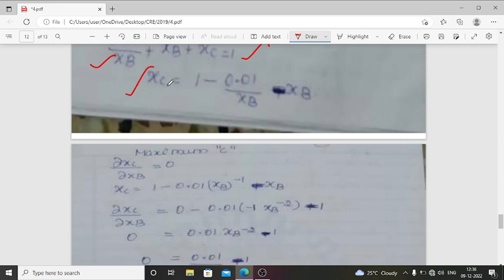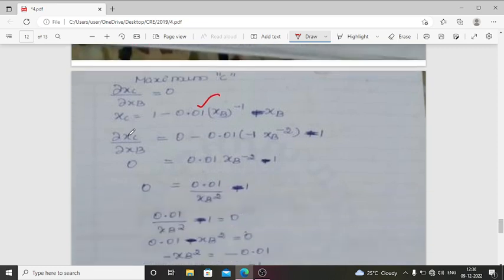Differentiate this equation. XC is equal to 1 minus 0.01 XB to the power minus 1 minus XB. Differentiate this expression with respect to XB. The first term, 1, is a constant, so it is 0. The differentiation formula for x to the power n is n times x to the power n minus 1.